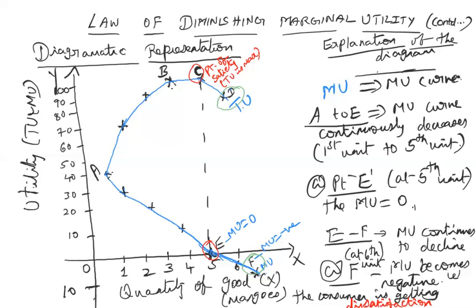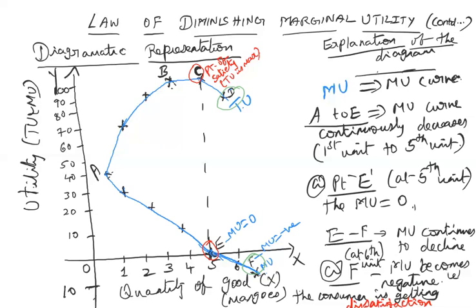And what exactly is the marginal utility, and why is marginal utility decreasing when the total utility keeps on increasing? The reason is, marginal utility is nothing but the rate of change in total utility. At what rate the satisfaction of the consumer keeps increasing is measured by marginal utility.